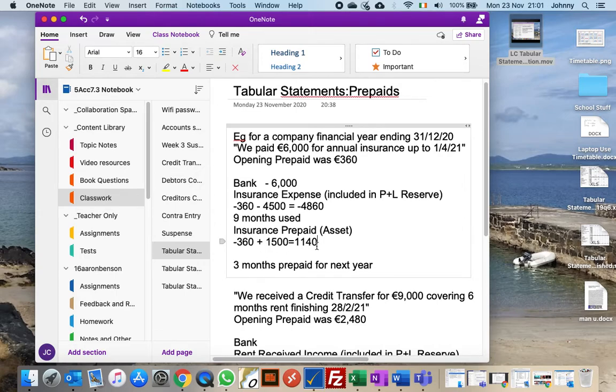And in this month, when we do the transaction, we're going to have plus 1,140, which is increasing the opening figure from 360 up to the new figure of 1,500. So 1,140 is going to be the figure that appears in plus insurance prepaid. In the profit and loss balance, we're going to have 4,860. That's the figure that's going to appear as a minus in the profit and loss reserve, and our bank will have a minus 6,000.